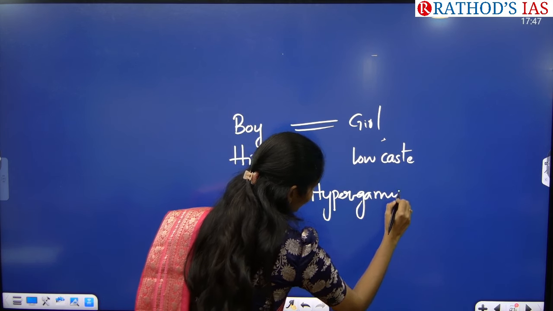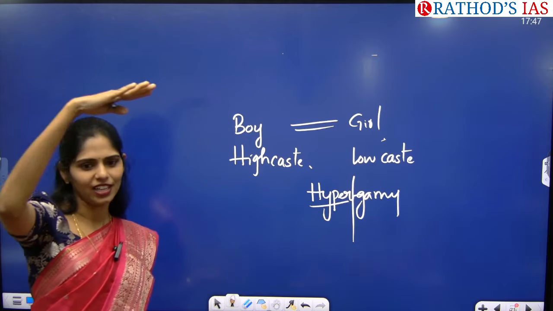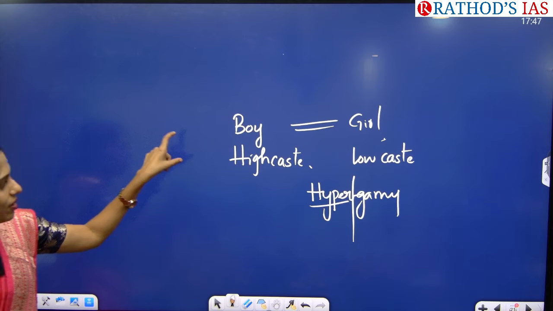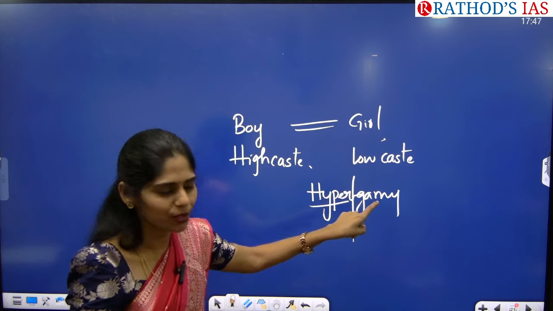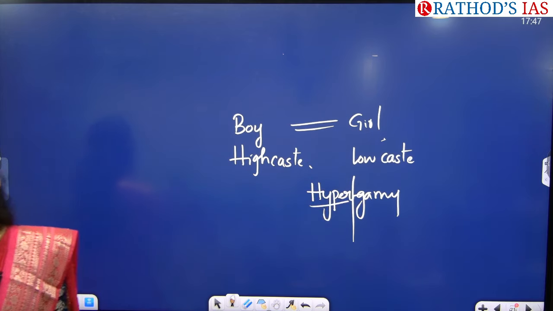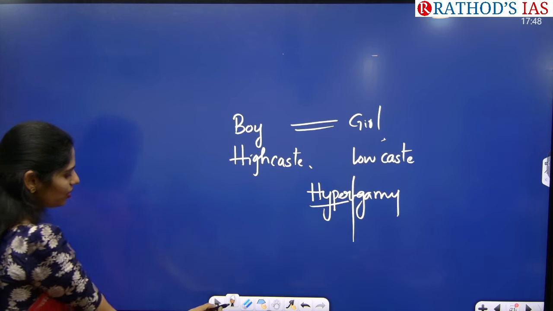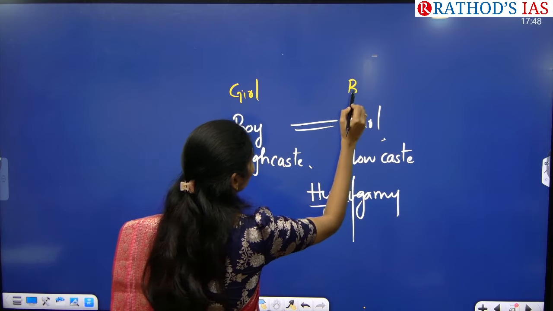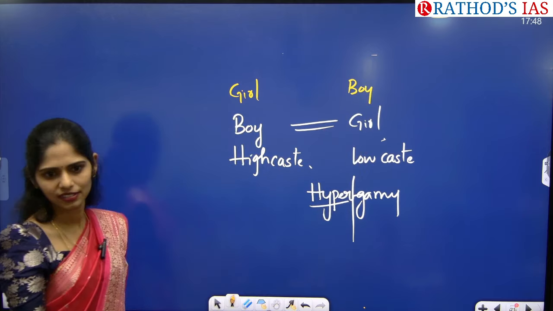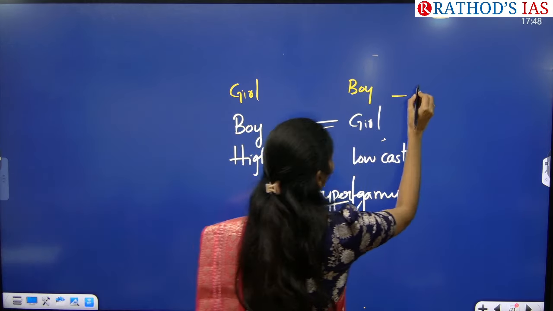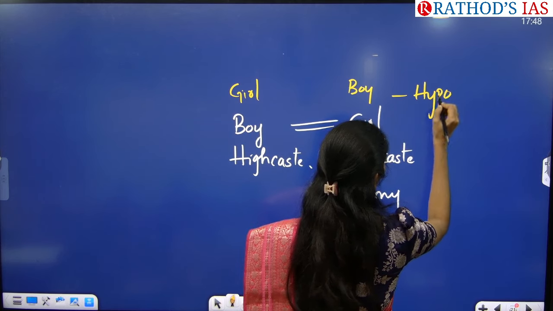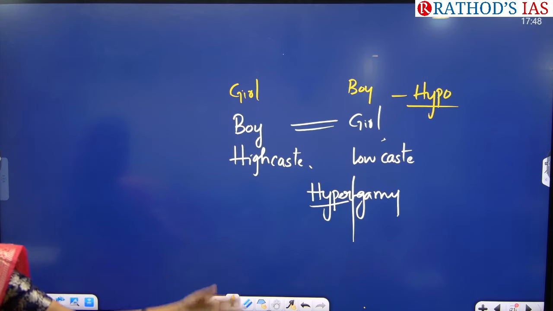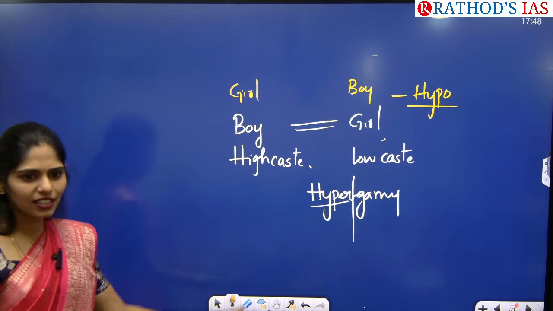Hypergamy, gamy is nothing but marriage. So hyper means high. There boy status is high. So boy from the high caste and whenever the girl is from the low caste, we call this kind of marriage hypergamy. So if you reverse it, girl is from high caste and boy is from low caste, what is this? Hypogamy. That means we are taking into consideration male or boy caste. Why? We can take this girl's situation also, right?